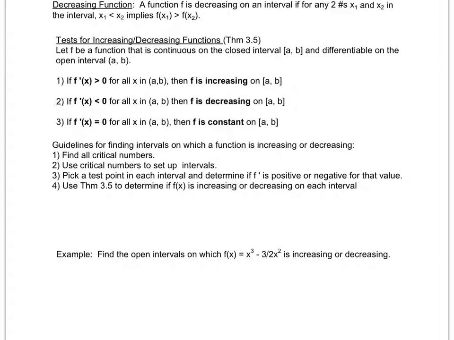So if I have a hill or a valley, a minimum or a maximum, at that point my function is going to change from increasing to decreasing or from decreasing to increasing. And we'll look a little bit more closely at that in class, kind of the why. But that's where step one is coming from. Sometimes I get questions on that.